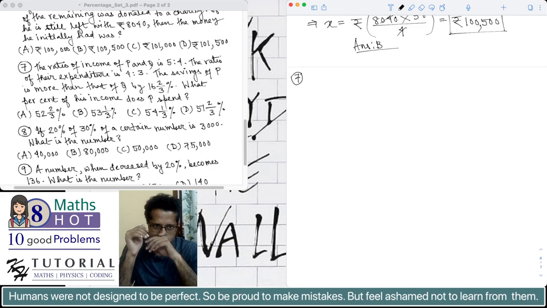So we have to find the income and the expenditure of P. Now there are two ratios, so basically there are four unknowns: the income of P, the income of Q, and also the expenditure of P and Q are unknown, but the ratio of income of P and Q is given and the ratio of expenditure of P and Q is given.